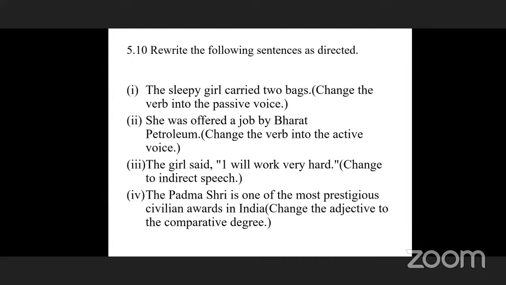So beautiful is an adjective form. More beautiful and most beautiful are comparative forms. More beautiful is a comparative adjective. Most beautiful is a superlative adjective. That means remember one thing, comparative forms are used for adjectives, and one more thing, adverbs. For your kind information, I'm telling you one thing.